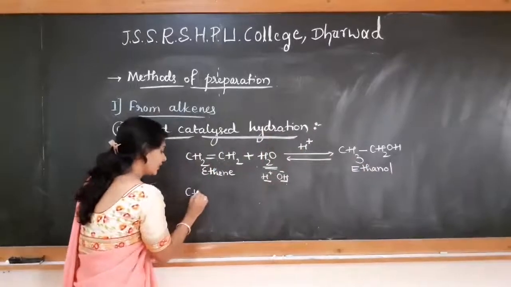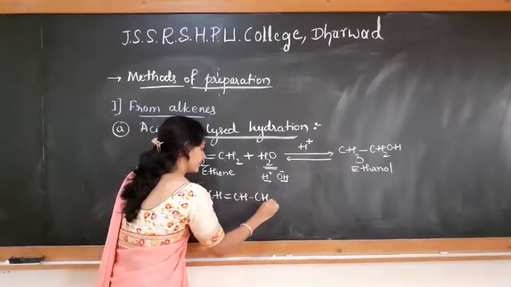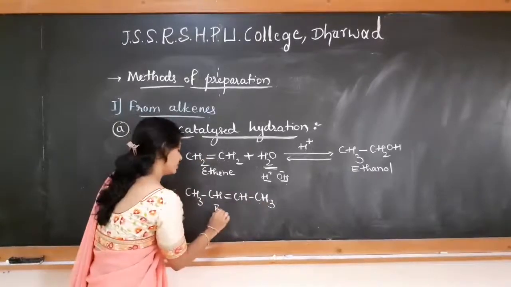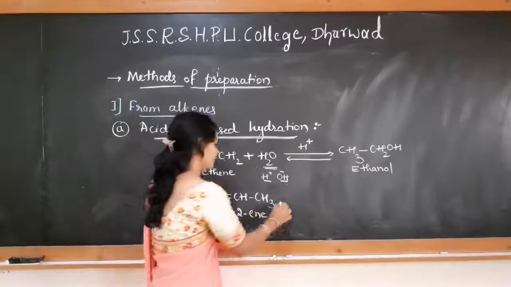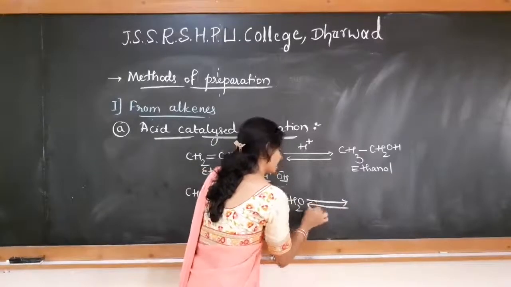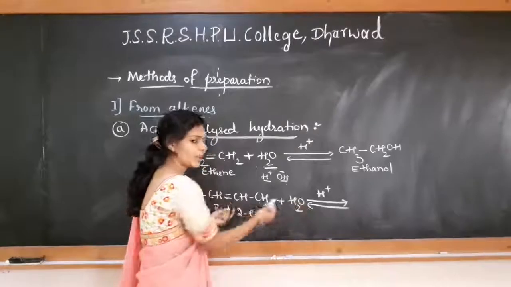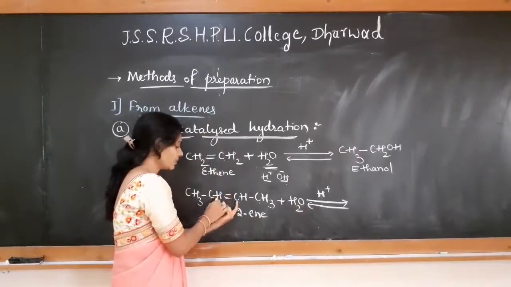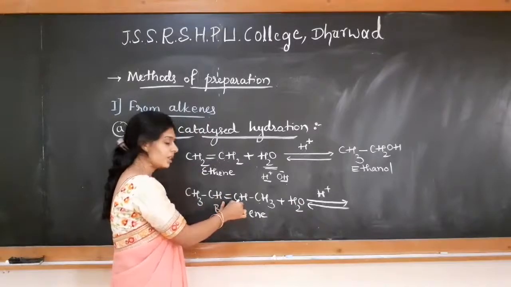Similarly, if I take but-2-ene, when it is treated with water in presence of acid, the H and OH go and attack this double bond. So it adds across the double bond. H goes to one carbon, OH goes to another carbon.